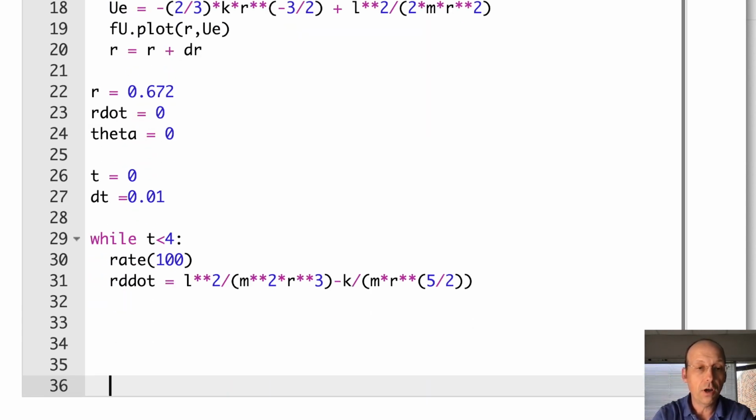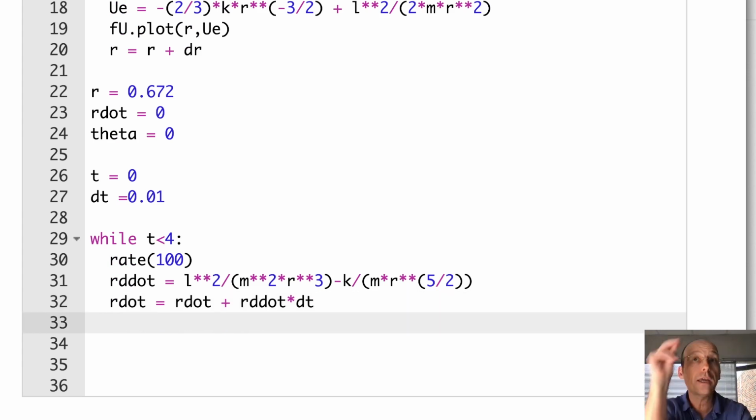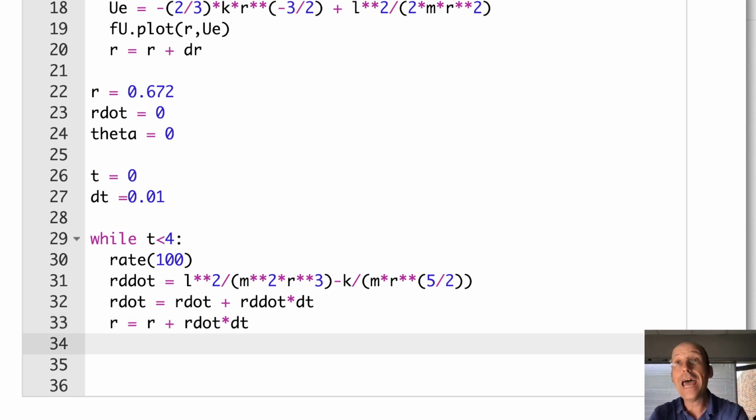That's r double dot. Now I can use r double dot to calculate and update r dot: r dot plus r double dot times dt. Now I can update r. r equals r plus r dot times dt. Now I can go back over to theta. Theta dot only depends on r.